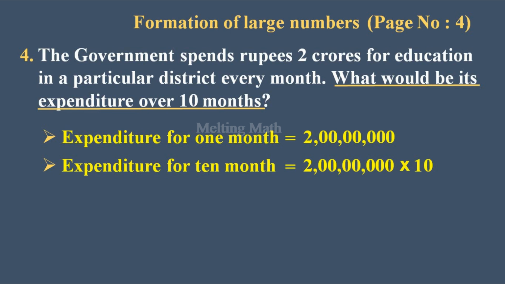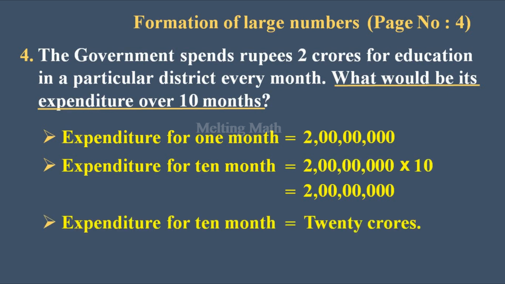If you are multiplying, in this 2 crore there are 7 digits of 0, in the 10 there is 1 digit of 0, totally 8 digits of 0. So just write 2 as it is, then write 8 digits of 0 with it. Now it becomes 20 crore. So the expenditure for 10 months is equal to 20 crore. If the government spends 2 crore for a month, then for 10 months the government needs to spend 20 crore rupees. That is the answer to this question.